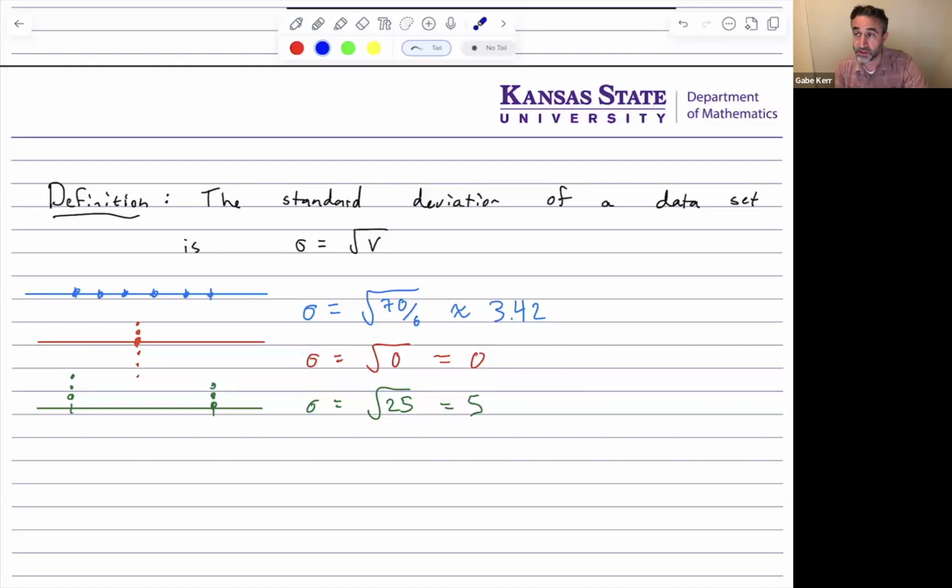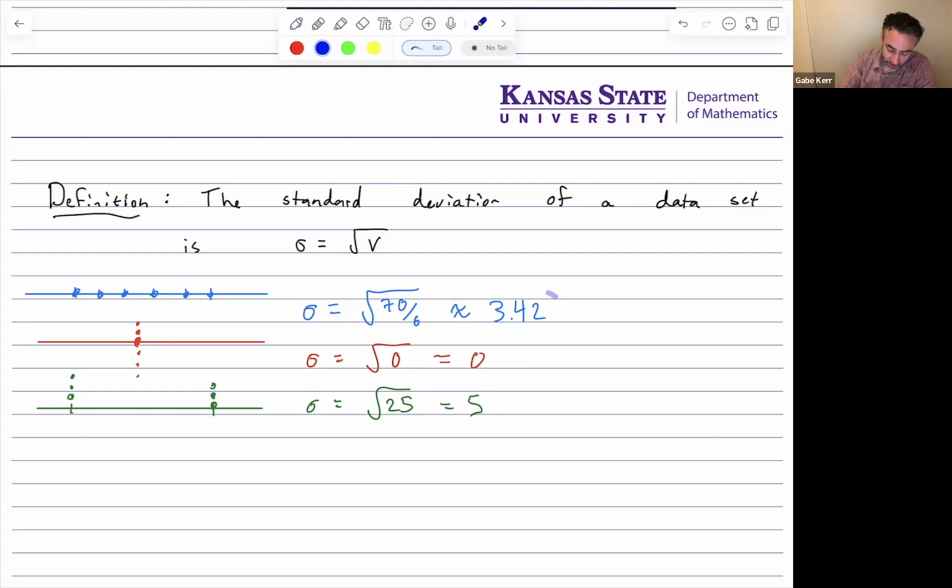And that's what you will expect. The standard deviation being very small means that all of the points are very close to the mean. And when we talk about normal distributions, we'll get a better sense as to what very close means. But a very small sigma, very small standard deviation means that you're clustered very tightly to your average.